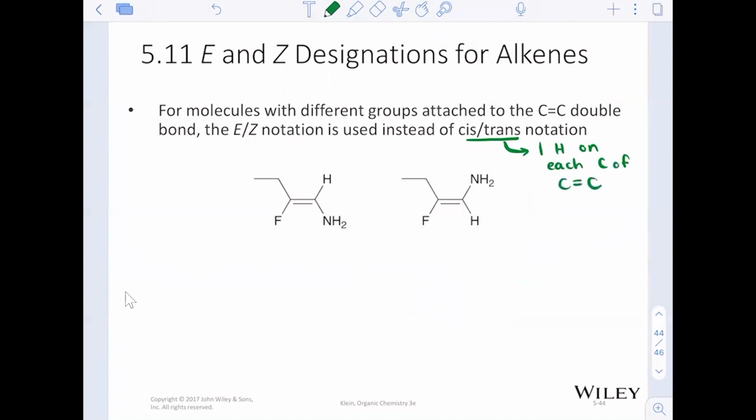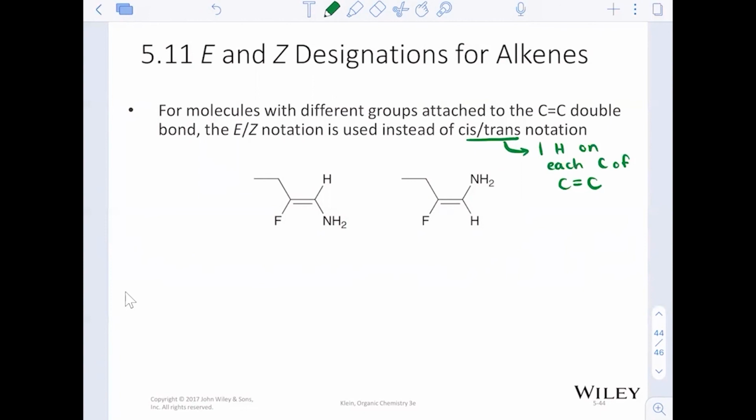If you do not have two hydrogens in the molecule, one on each side, then you can't use cis and trans. What you do have to use is the E and Z denotation. And that notation was developed around the same time as R and S, but it's from a German scientist, and so E and Z actually has a purpose. We'll get there in just a second.